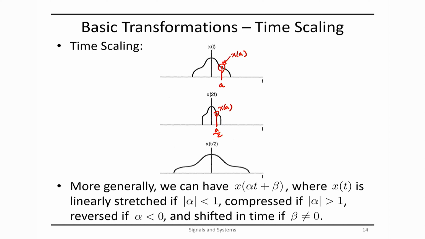If you plug in t equal to 2a, what you get here is x of A. So the value x of A is instead observed at time 2a instead of the original time a. Effectively, what you're doing is stretching the signal by 2 times. So by dividing the time index by 2, you're stretching the signal.